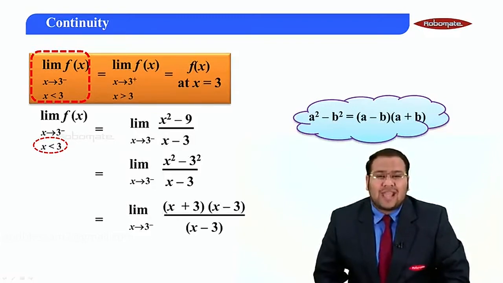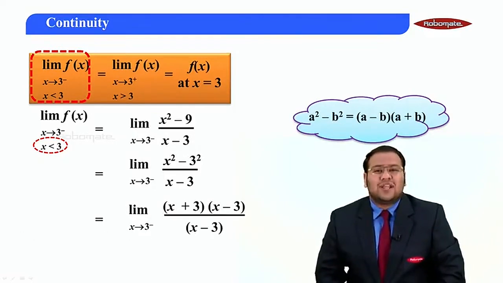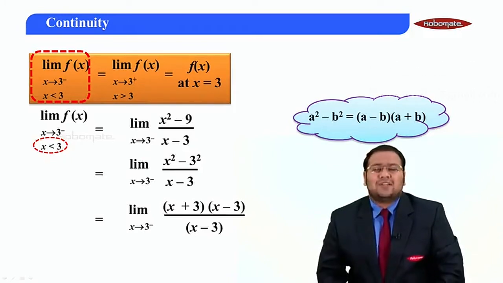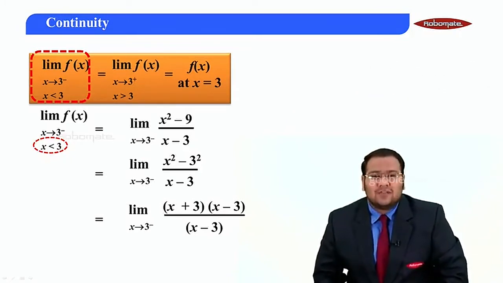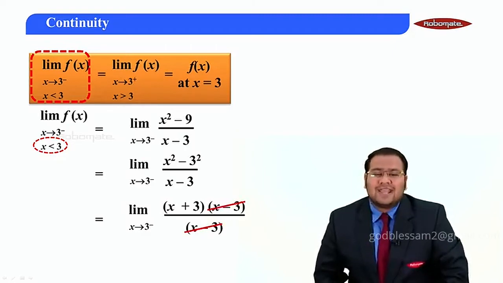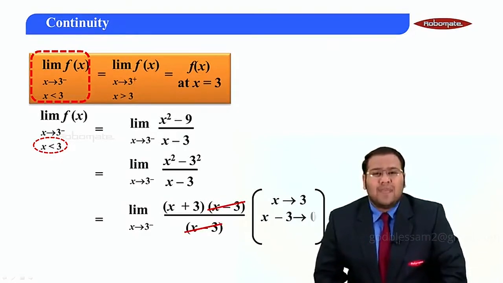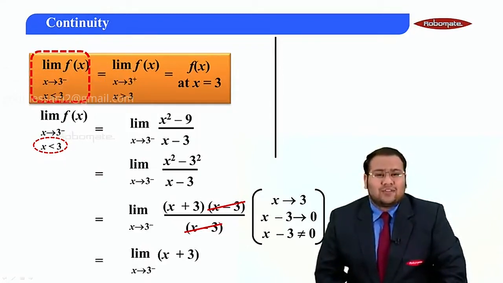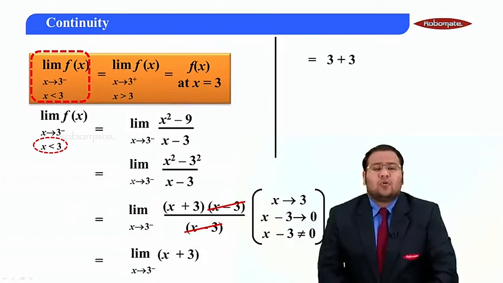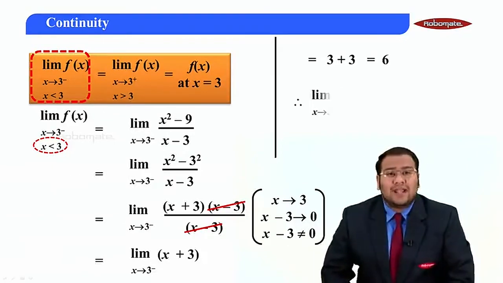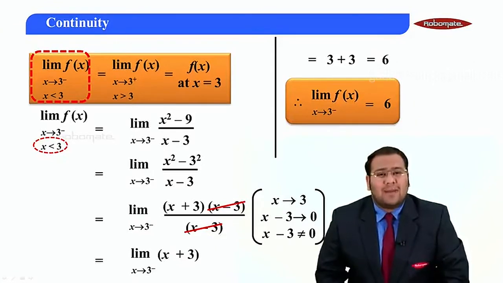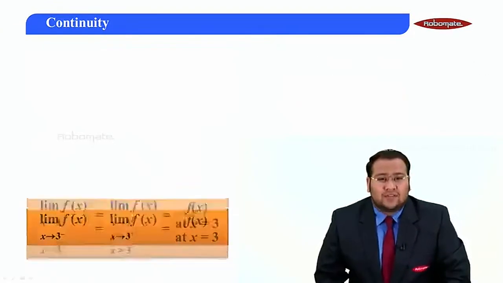So, the equation can be written as the limit as x tends towards 3 minus of (x plus 3)(x minus 3) upon (x minus 3). If x minus 3 is getting cancelled, the equation would be the limit as x tends towards 3 minus of x plus 3. But x is tending towards 3, so the answer which we would get is 6. So, I can say the limit as x tends towards 3 minus of f(x) is 6.